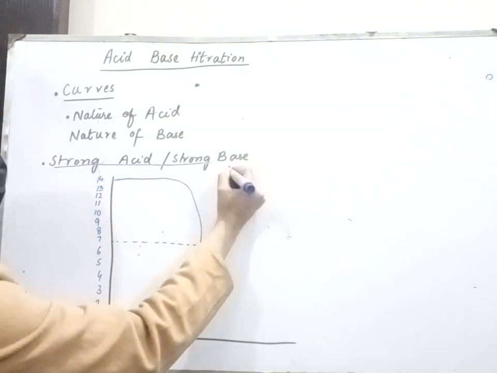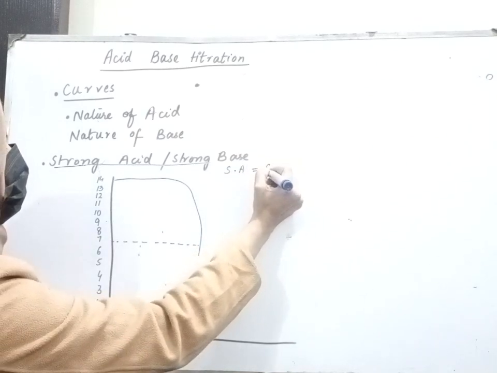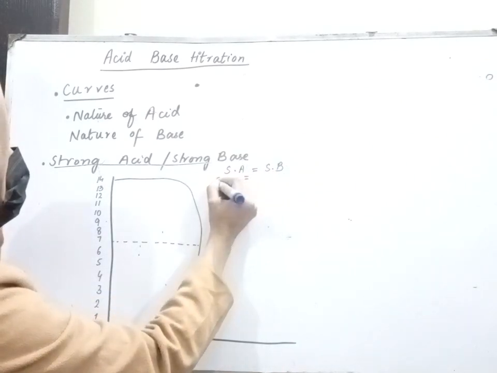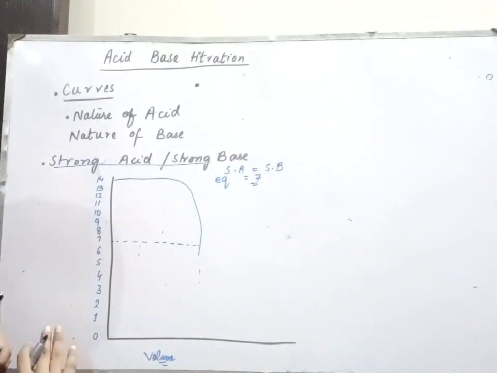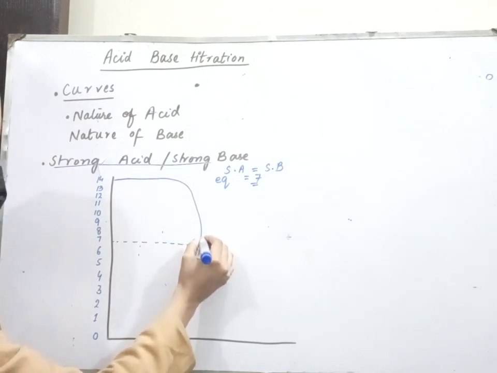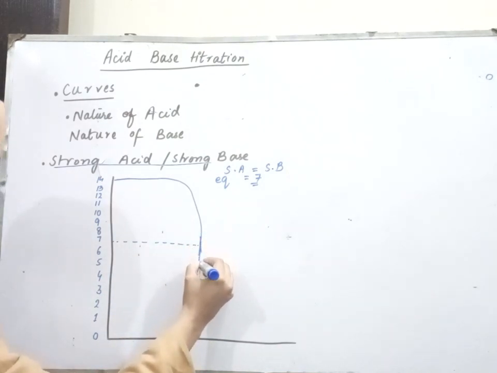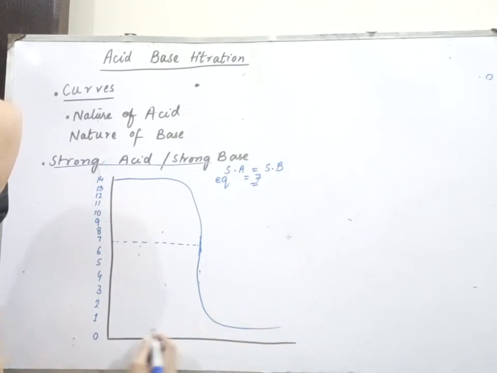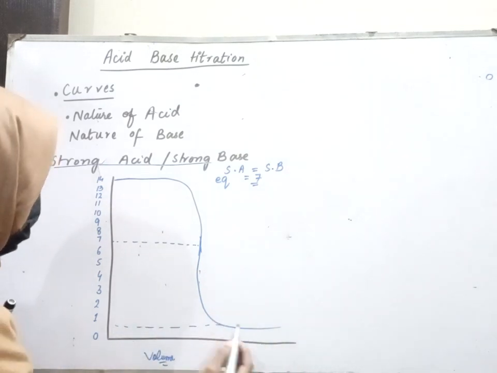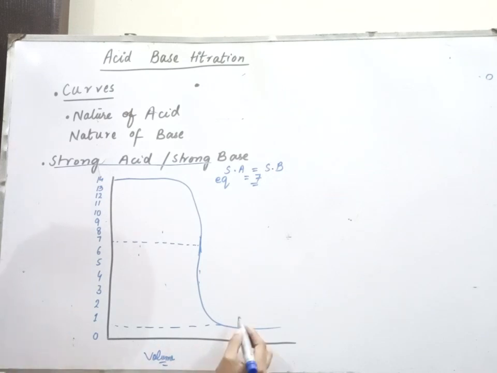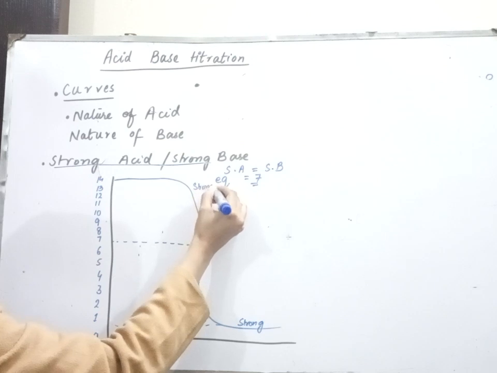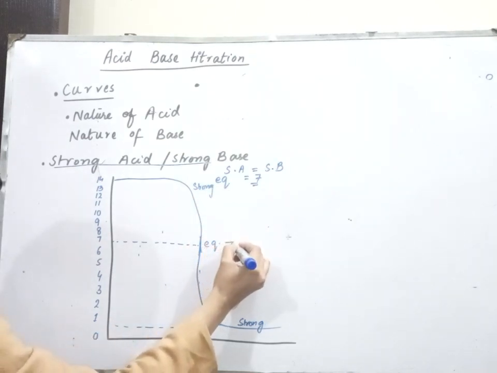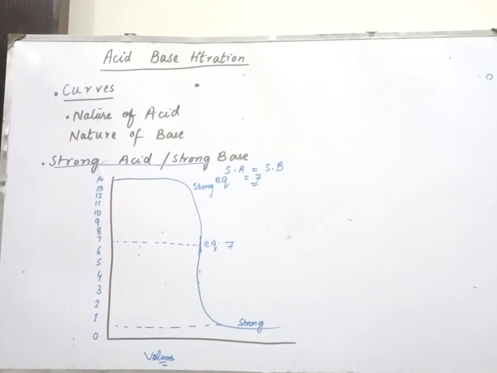Remember one thing: for strong acid and strong base, the equivalence point will be at 7, because the nature of acid and base is the same. For the acid it will move to 1, and for the base, it is a strong base, and the equivalence point is at 7. This is the graph for strong acid and strong base.